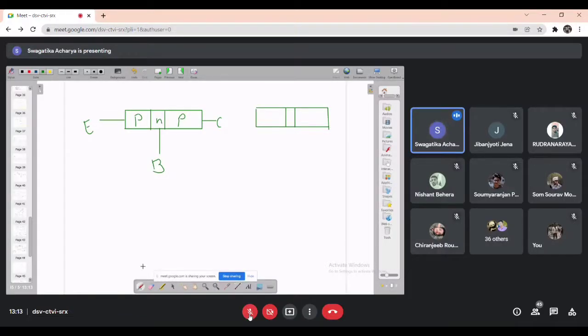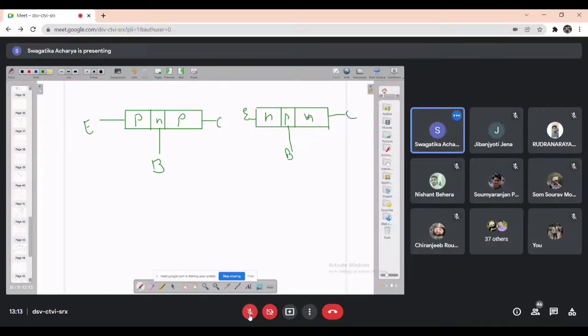Right. So again, N, P, N. This will be emitter. This terminal is base and this terminal is collector.